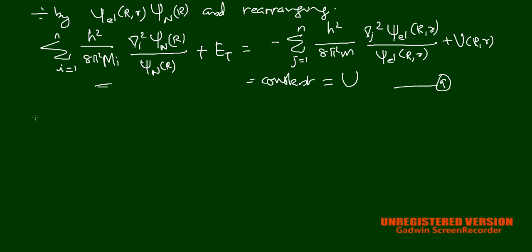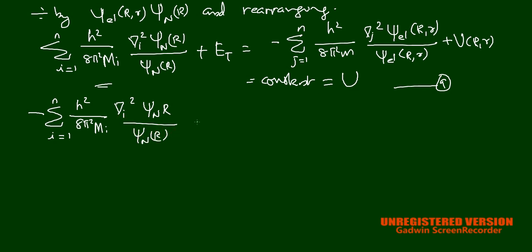So the equation will be minus sigma I equal to 1 to n, h square divided by 8 pi square capital M I, del I square psi n r divided by psi n r, plus U, because I have taken that to the other side, is equal to E_t. This is the first equation.